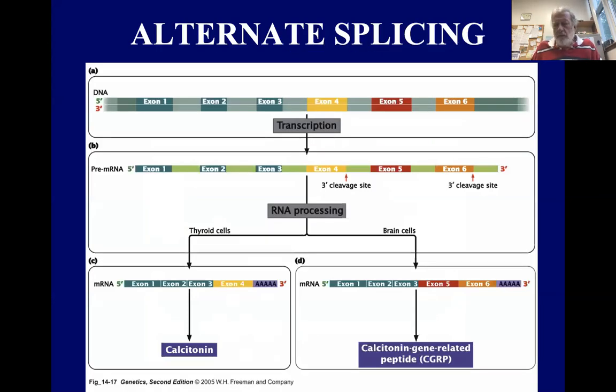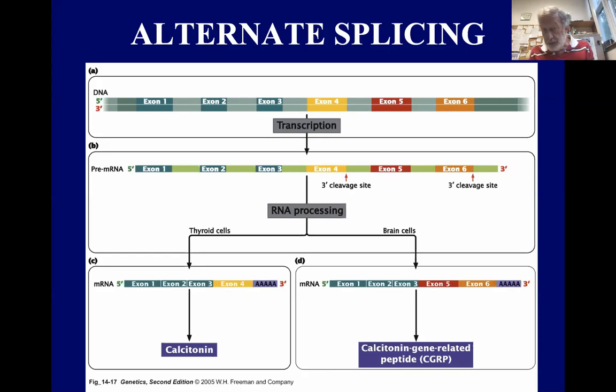This shows you how we've got 2 3' cleavage sites. So this gene's got 6 exons as we see on top. There's its pre-messenger RNA, all the exons are there, but there's a 3' cleavage site at the 3' end of exon 4 and another one at the 3' side of exon 6. And in thyroid cells, the first 4 exons are combined together to form the protein calcitonin.